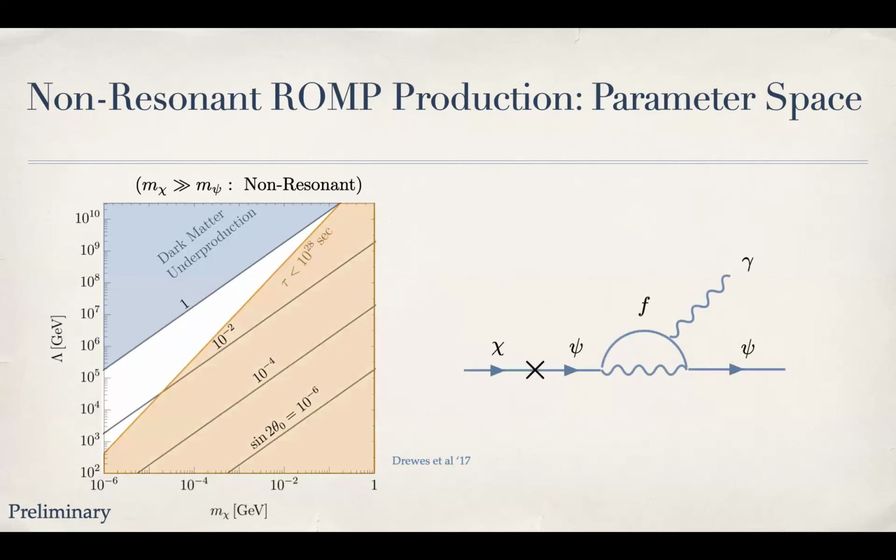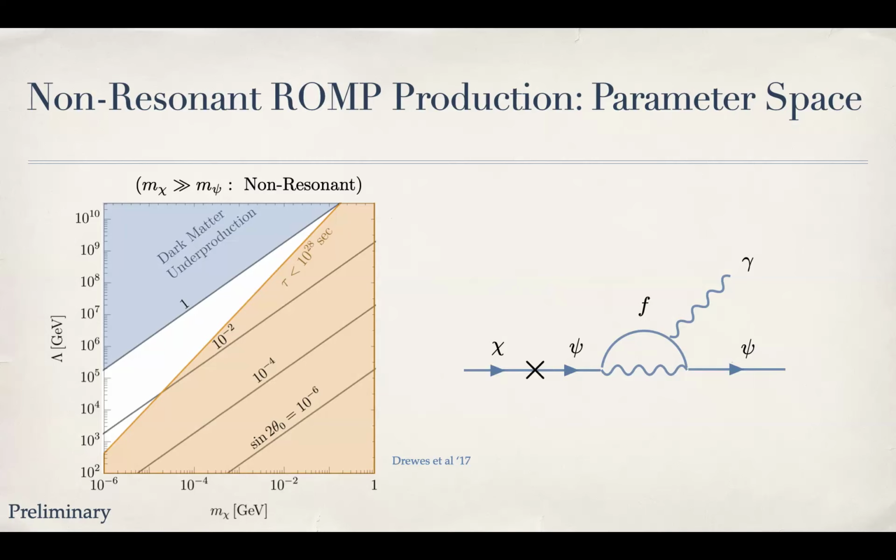Since chi is greater than psi, as I said, the mixing angle, which gives rise to its production, can also give rise to its decay. So chi can mix with psi, and then if psi interacts with fermions that are charged, you can brem off a photon. This is the standard sterile neutrino decay channel, where these would be like active neutrinos. Roughly speaking, the bound is that the lifetime has to be greater than 10 to 28 seconds.